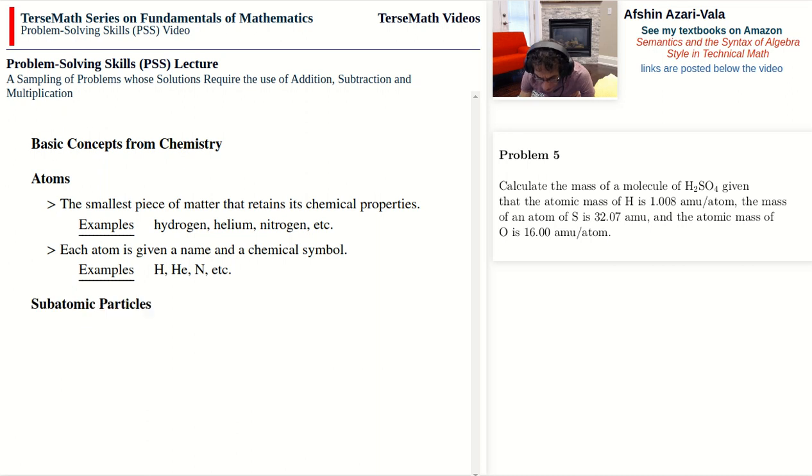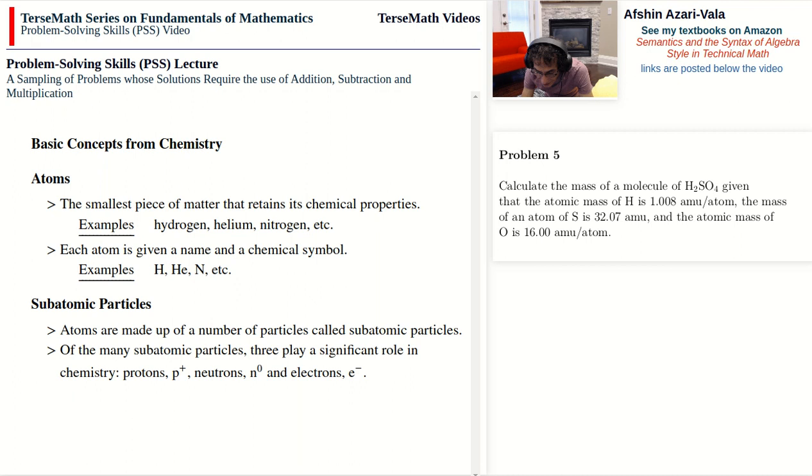Right, so next, the atoms themselves are made up of smaller particles, and we call them subatomic particles. There are quite a few different kinds of particles present inside an atom. But the ones that we care about most, the ones that play a significant role in chemistry, are protons, which we use the symbol p plus to represent.